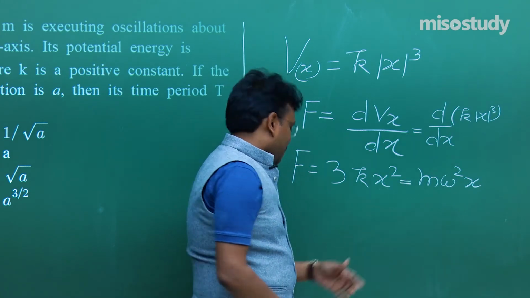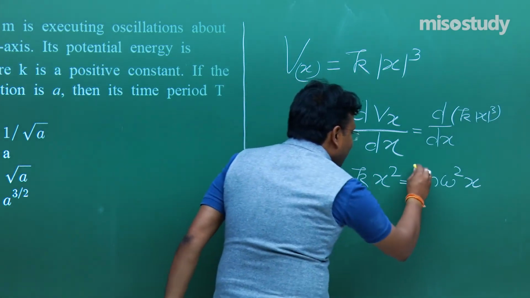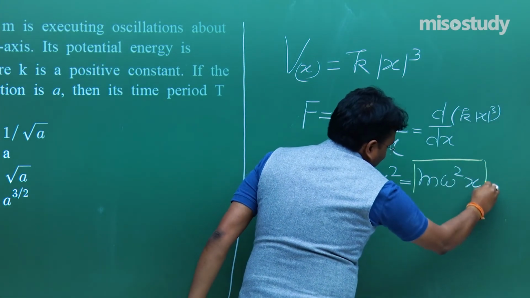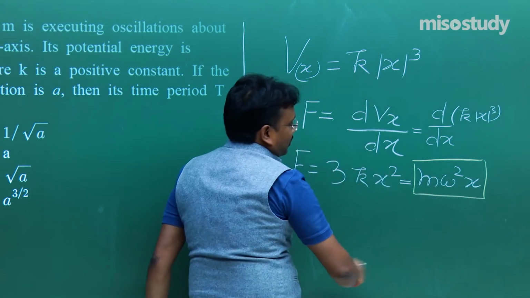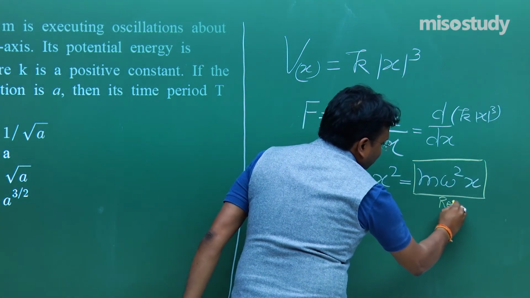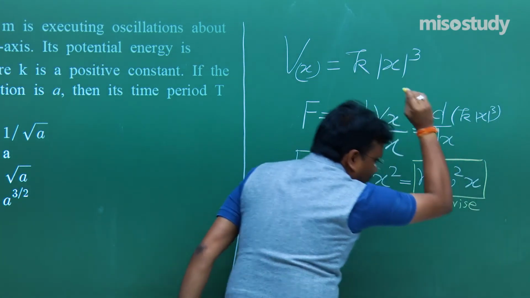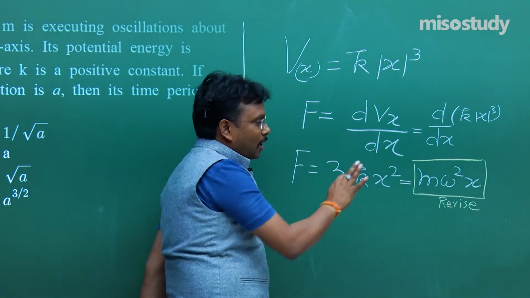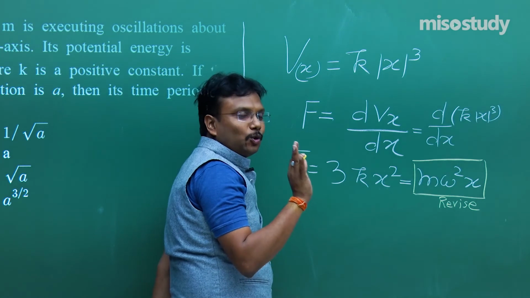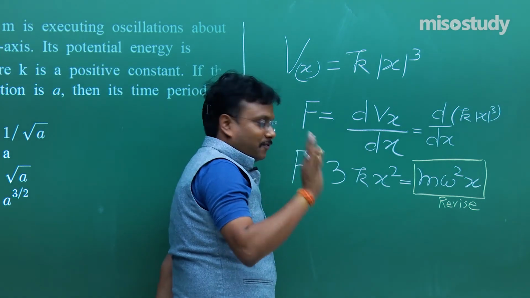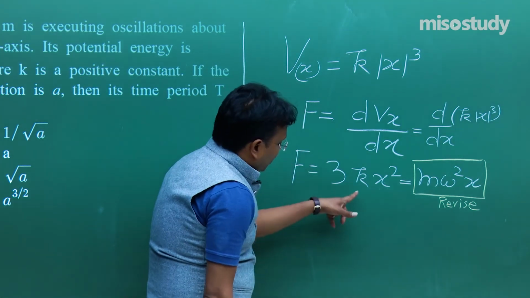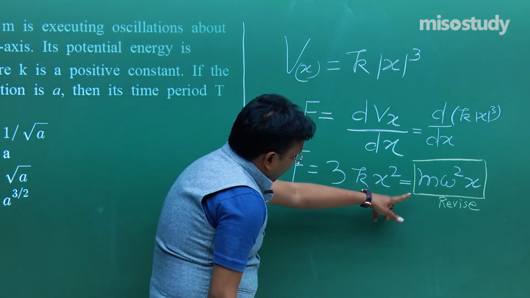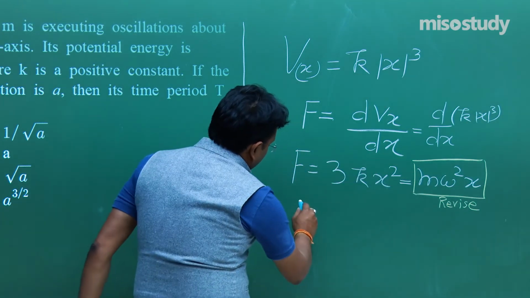Now this equation obviously you have to revise. Very simple thing you have to revise. If you are unable to recall it, at least you have to go through our video lectures. Fine. So 3kx square is equal to m omega square x.